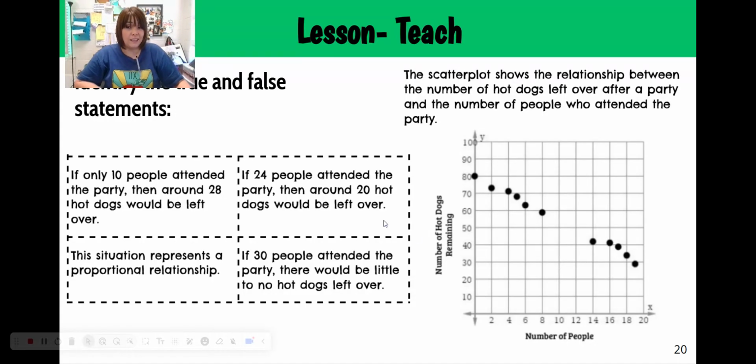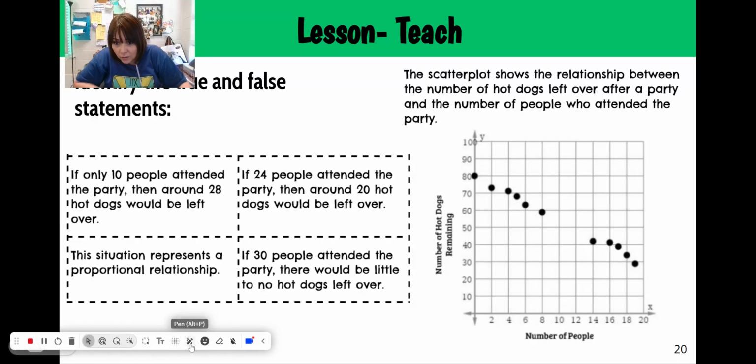So I'm going to say this statement is false, because I would expect if there were 10 people, there should be a dot somewhere around here. So kind of like between 50 and 40 hot dogs would be left over. So I'm going to say this is false.